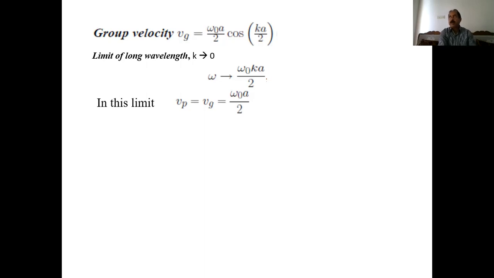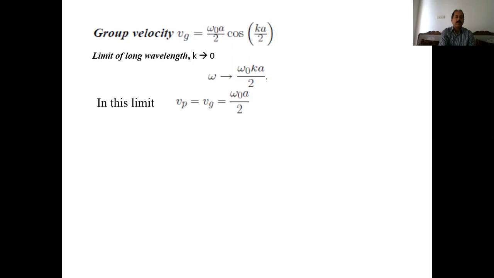One can remember that in the case of plane wave propagation, it is basically ω0 a. Here it is half of that. So we get one difference from a normal wave, where the maximum velocity is ω0 a.